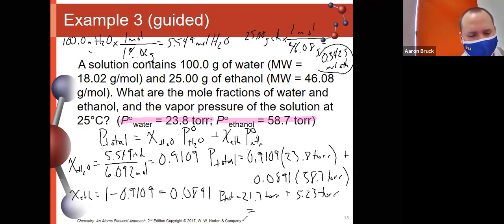Put those together, rounding to one decimal place because that is all that is possible out of the first. We get 26.9 torr.